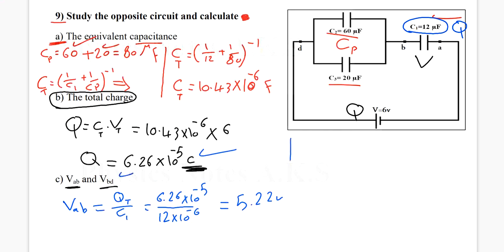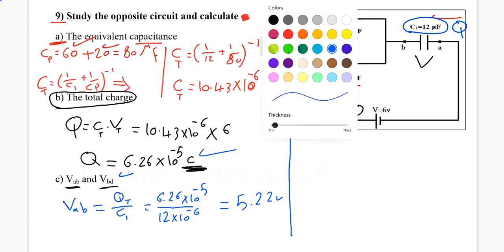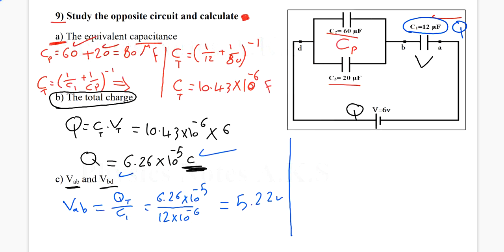I will do it right here. I'll change the color. Please pay attention to this idea here. The voltage in the battery will be divided into V1, I'll name this one V1 or VAB, and the V in the parallel combination, because the parallel combination, the CP, and the C1 are connected in series, so the voltage will split between them.